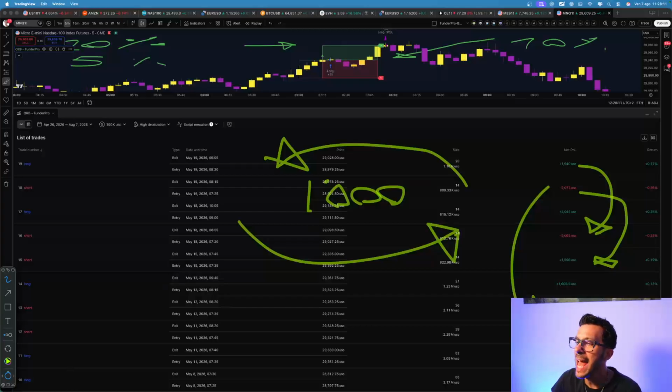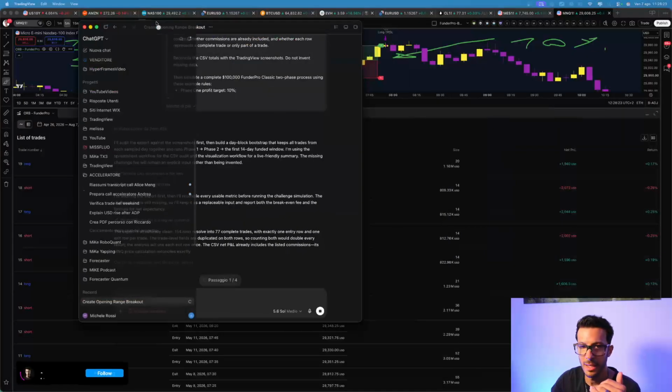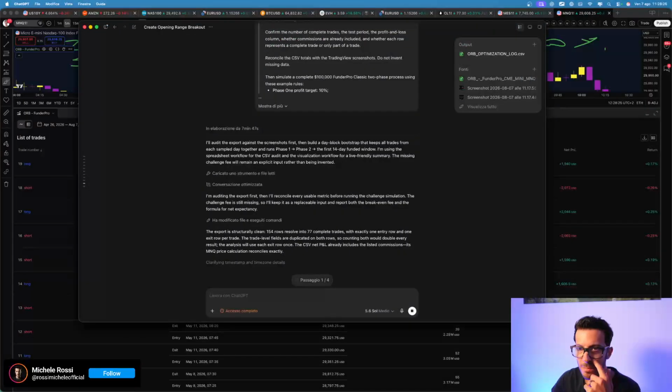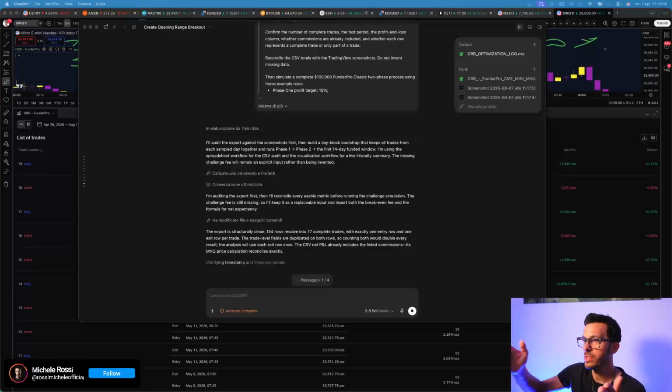At the end, we can see how many simulated accounts passed, how many failed, how long they took, and what happened after funding. It's still thinking. It is like sending 1,000 versions of our bot into 1,000 possible challenge journeys.